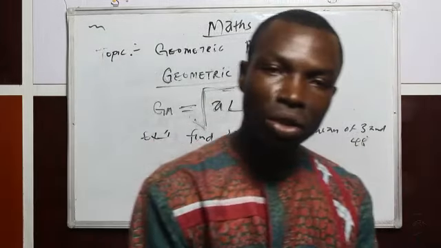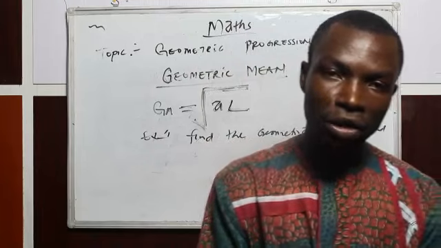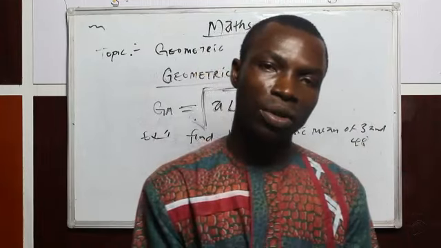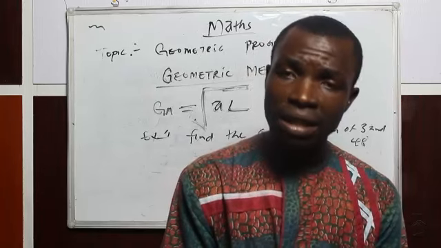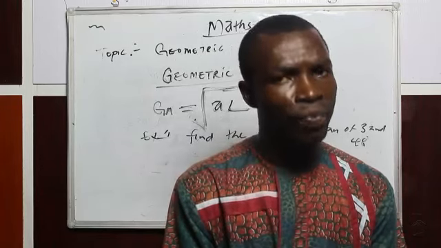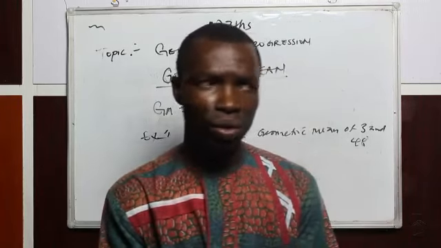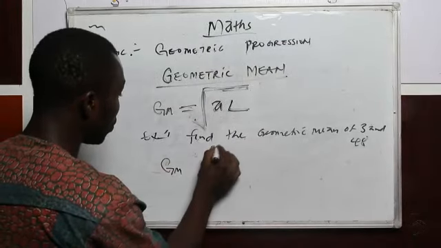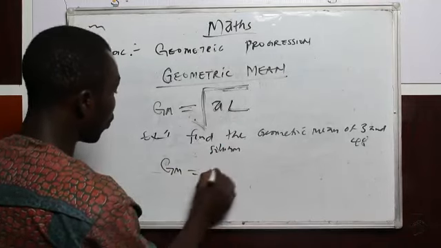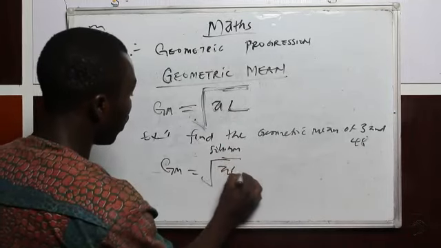Whenever they ask a question, root AL is our geometric mean. Don't be confused about this. The first term that will first appear in number is the first term, while the last term is the one that will follow. Therefore, our GM solution is equal to root AL.